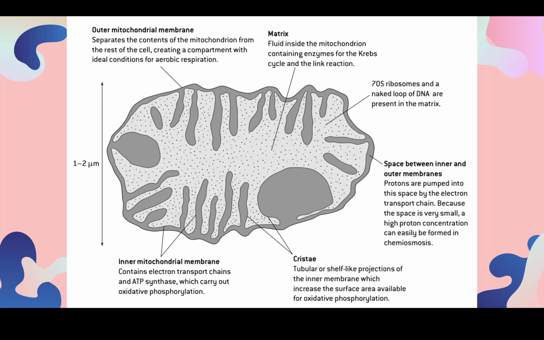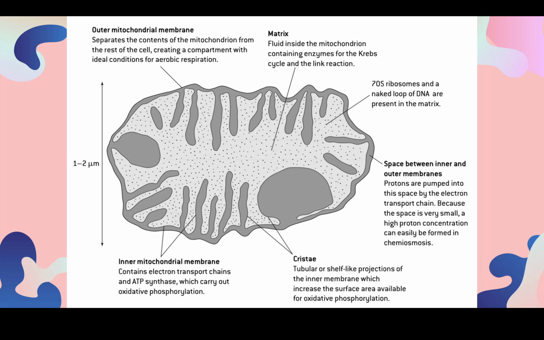Cristae increase the surface area, but also make a really small intermembrane space, which allows for the concentration gradients to occur and therefore chemiosmosis to occur.